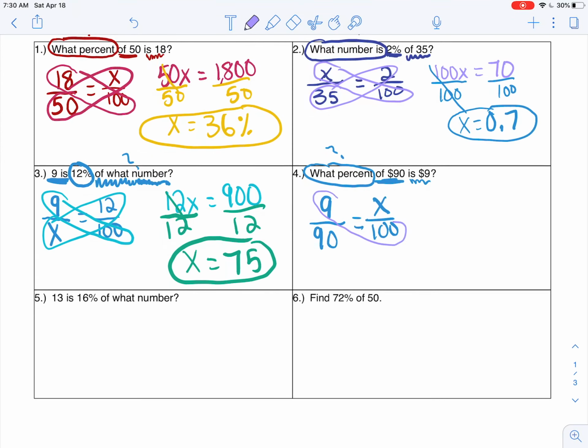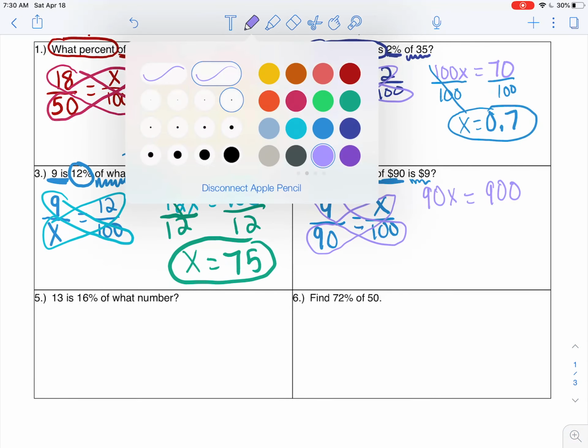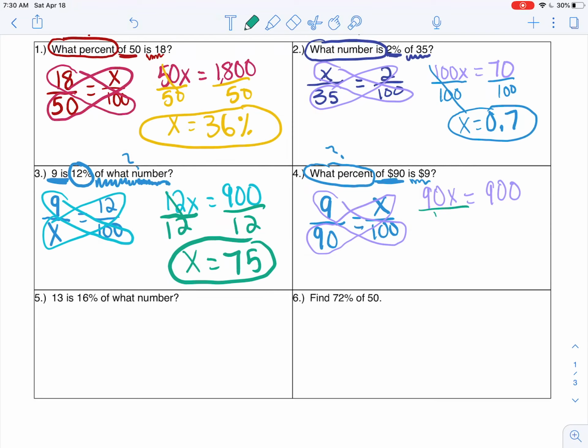Cross multiply. We have 90x equals 900. And now we're going to divide by 90. And you get x is equal to 10. And again, since we were trying to find the percent, I'm going to put the percent symbol.